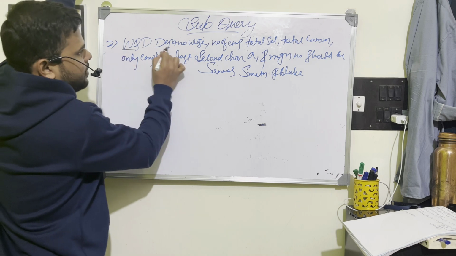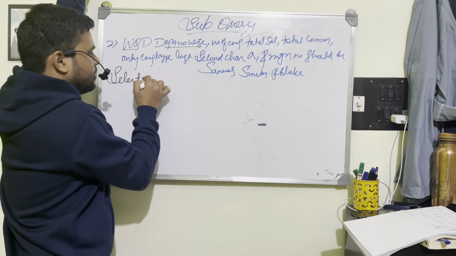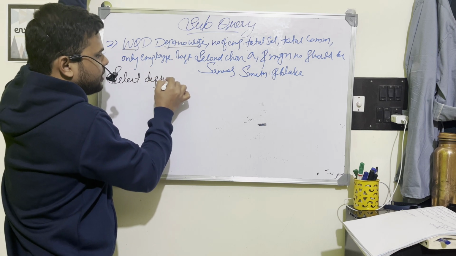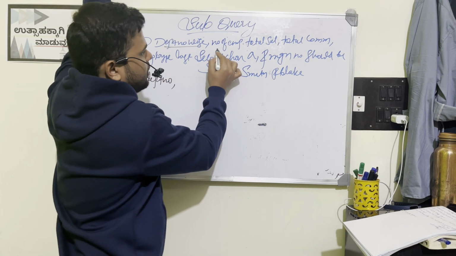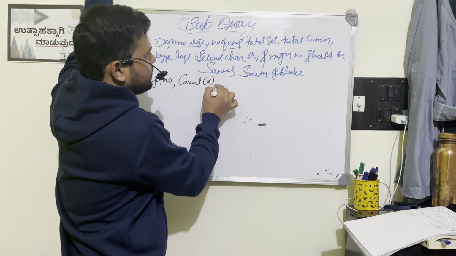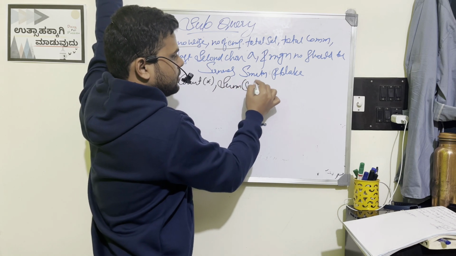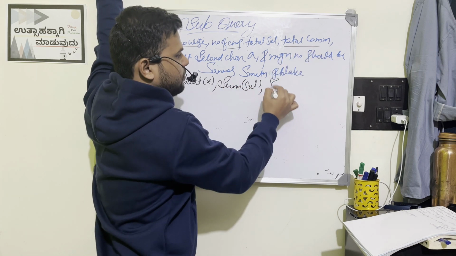See, first write a query to display department number wise. I will write here select DEPTNO, department number wise. Number of employees means count of star. Total salary means sum of sal. Total commission means sum of comm.